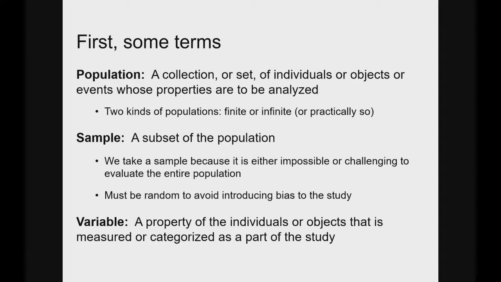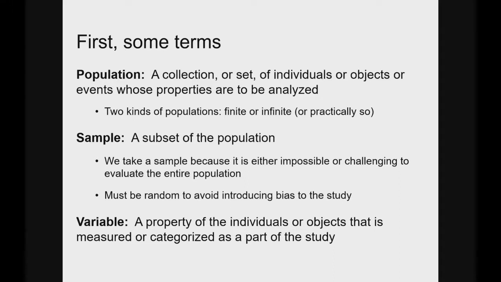Continuing with the terms, we just used population and sample, so it's a good idea to define those a little bit. The population is the entity in which we have interest, right? It's the global collection of objects or individuals or events. What is it we're trying to analyze? You can talk about infinite or finite populations, but the one thing the population has in common, whether infinite or finite, is why we have to talk about a sample.